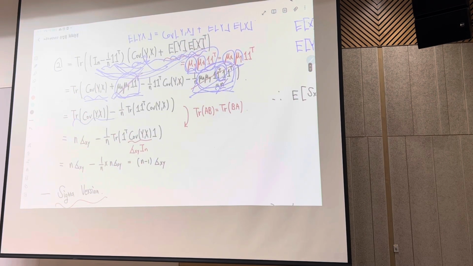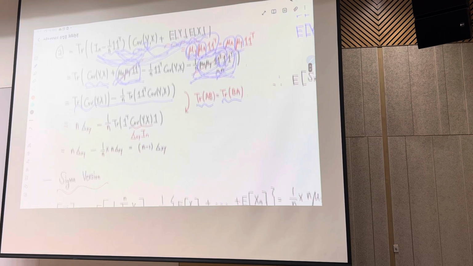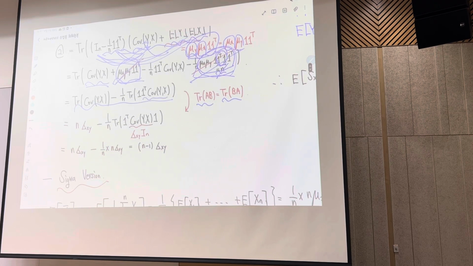Then the remaining term is this one, and trace of AB is equal to trace of BA. Then switching these two terms. Then it can be rewritten like this. And covariance of y, x is equal to sigma_xy and identity matrix.